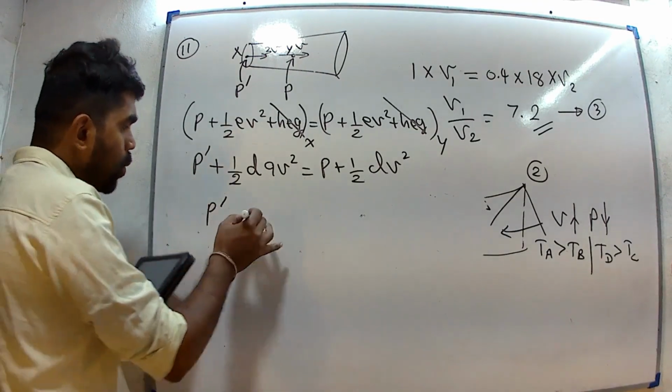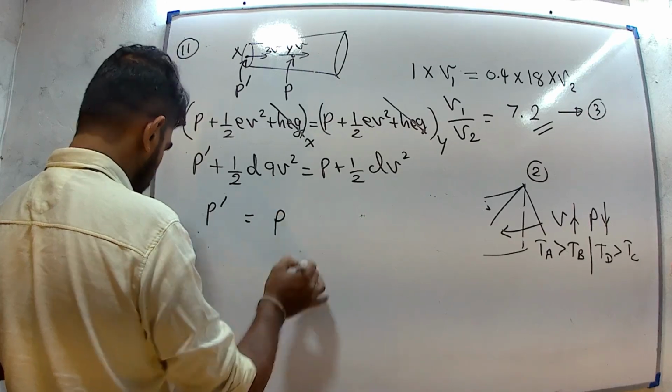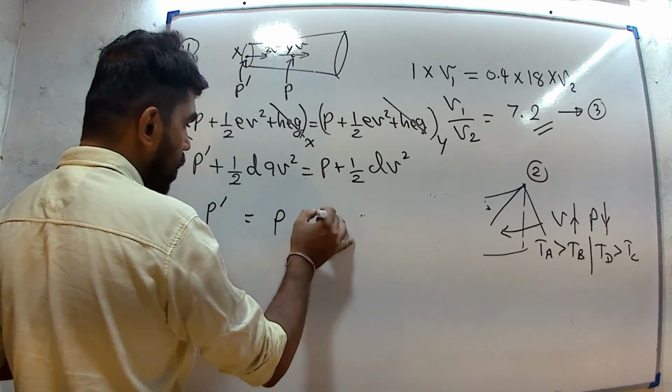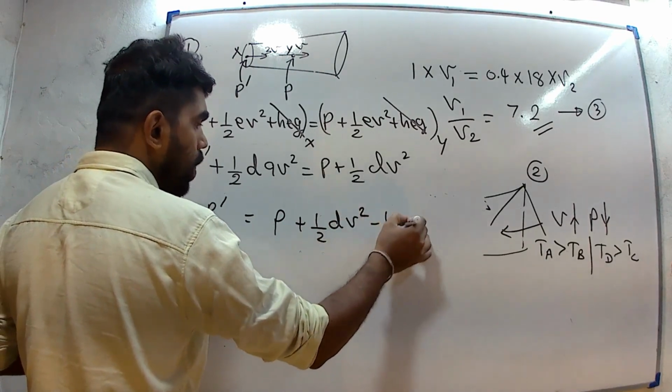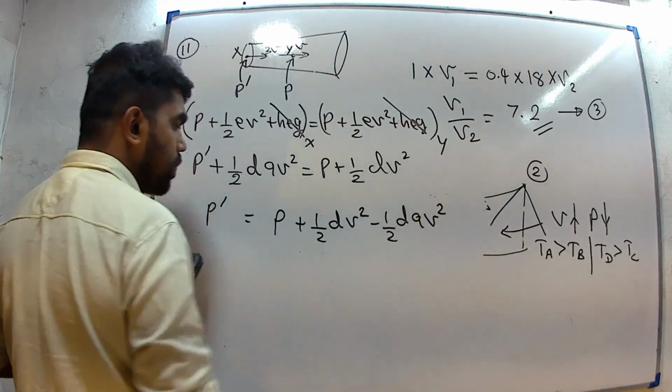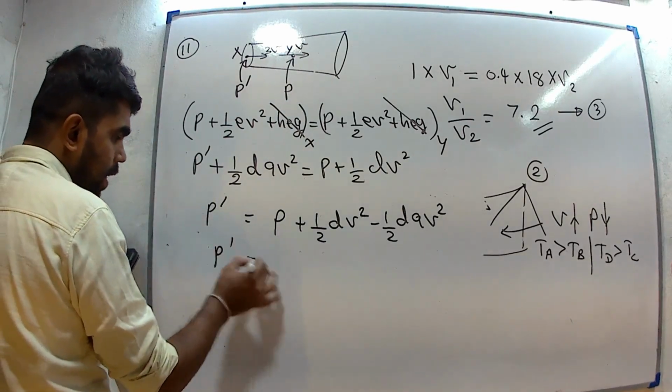P dash equals P plus half D v squared minus half D 9v squared. Then we can simplify it.